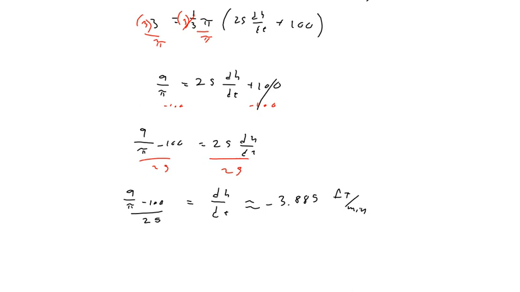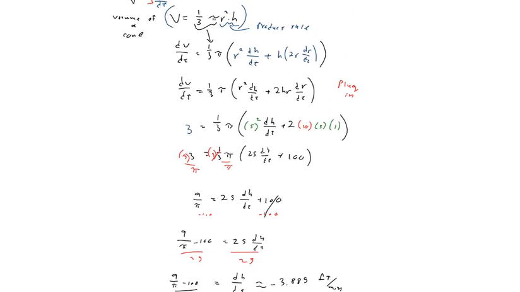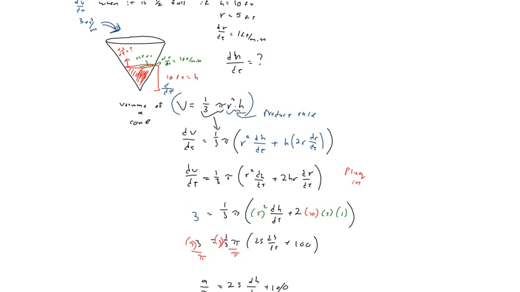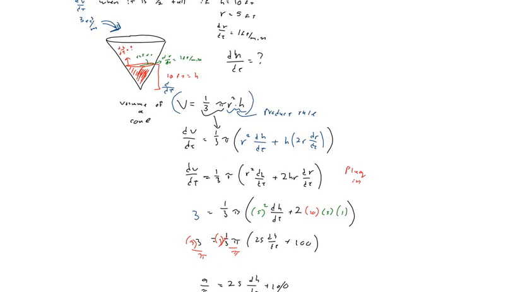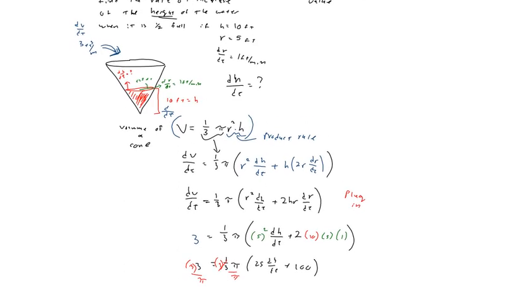Anyway, the process is the same. This is how you do this situation. You're going to get these answers. This answer doesn't make a lot of sense because it's negative. Why would the height be decreasing? I don't know. The numbers I chose were, I guess, a little arbitrary.